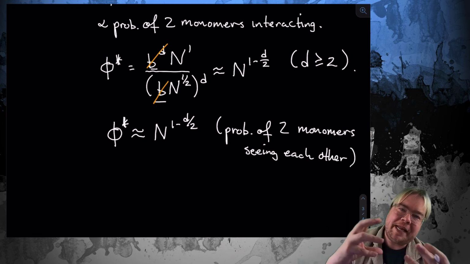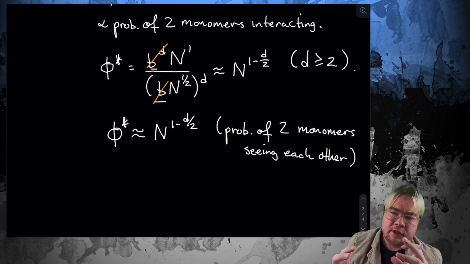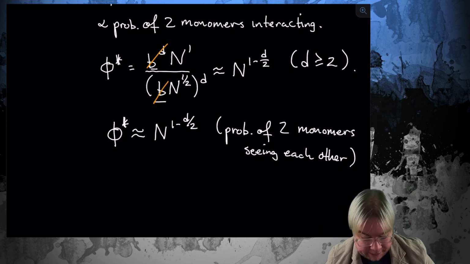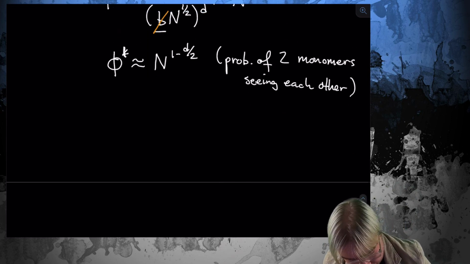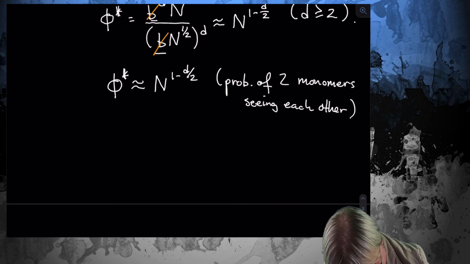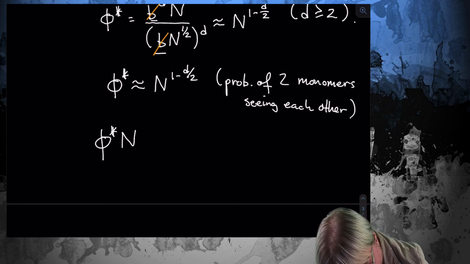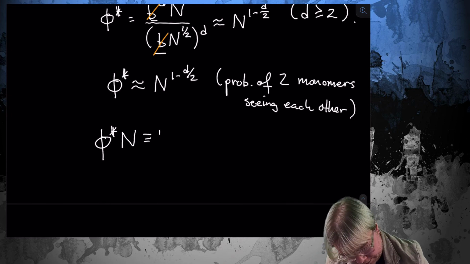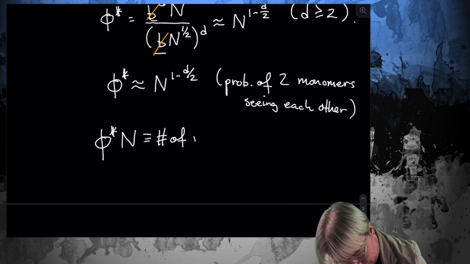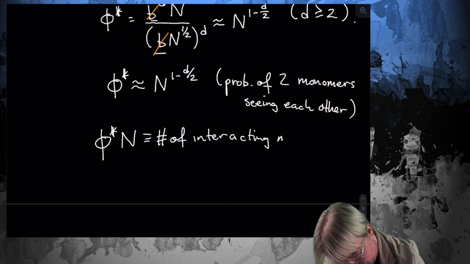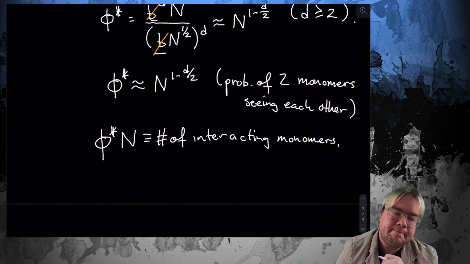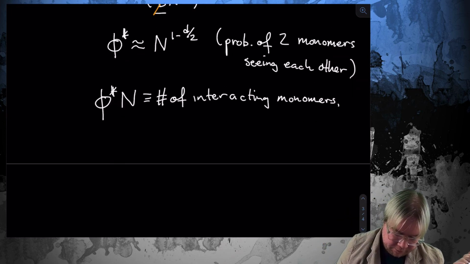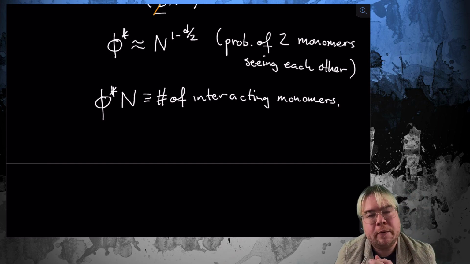And if I want to know how many interacting pairs there are, so how many monomers are actually seeing each other, I can multiply phi star by n, and what this will represent is the number of interacting monomers. So let's do that. What am I going to get?